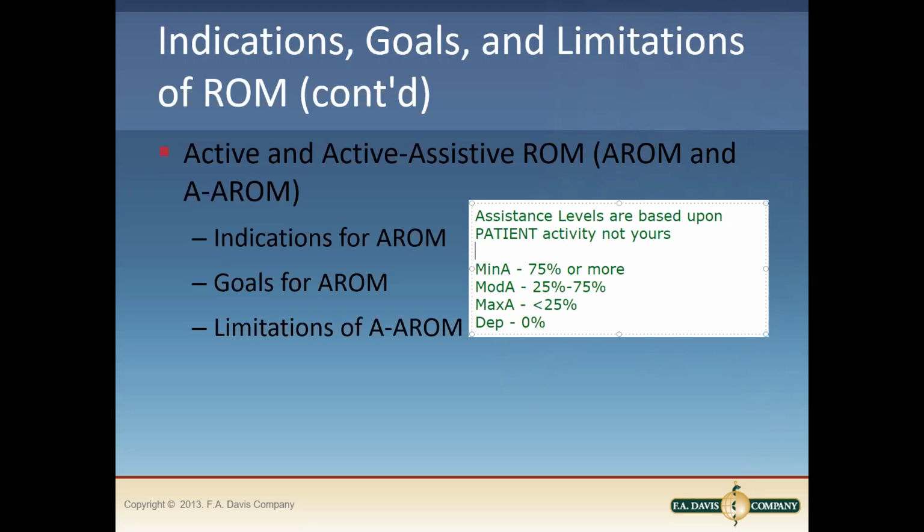So let's say you're going to see this patient for the first time, and it says you're doing active assist range of motion with max assist. What should you be thinking in your head? How much work are you going to have to do if the patient's a max assist?